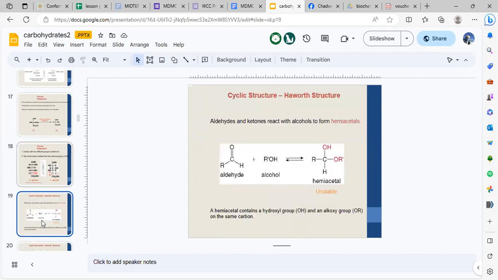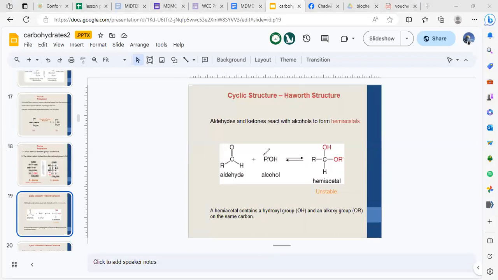Okay, another thing. Aldehydes and ketones, since they have a carbonyl group, have a tendency to react with alcohols to form what you call hemiacetals. So the RO group here may attach itself to the carbon. I'll just annotate this one.